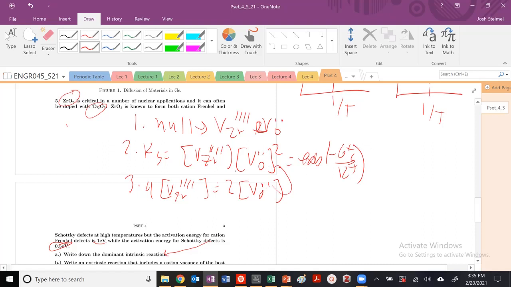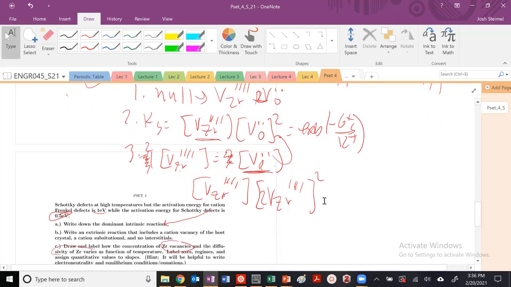Again, we want the concentration of vacancies in Zr. We solve and plug this in, since this is a function of V_Zr. Vacancy of oxygen is equal to 2 times V_Zr, so we're left with an expression of 2 V_Zr'''' squared is equal to that.